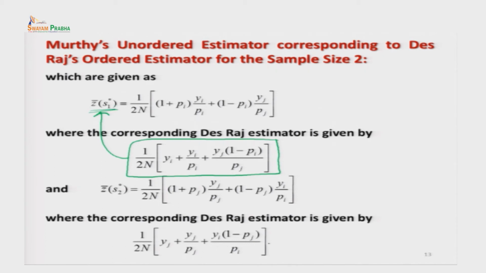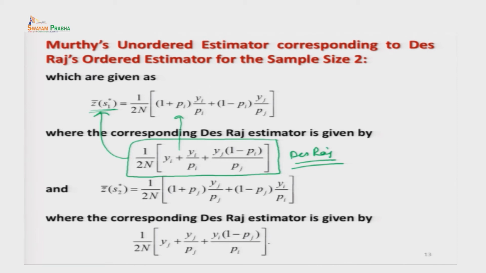That means this is based on the first sample, and this is nothing but your Des Raj estimator, nothing more than that. Look into your earlier notes. This is the same expression. I have simply rewritten it in this form so that it is easier for us to write such a form when we consider the general structure.